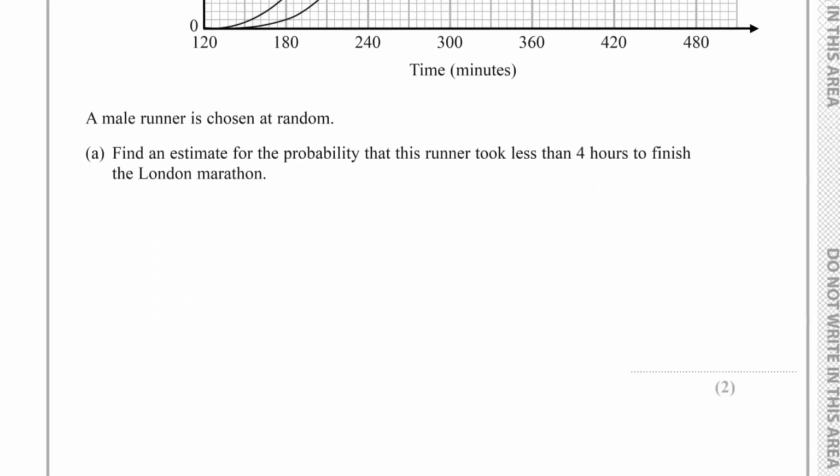We know already that 1 hour is equal to 60 minutes, and therefore 4 hours is equal to 60 times by 4, which is 240. So 4 hours is equal to 240 minutes.